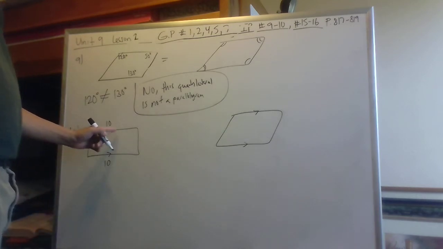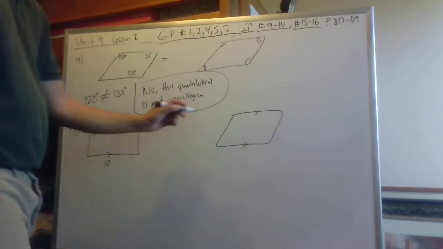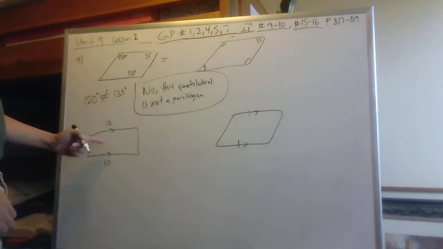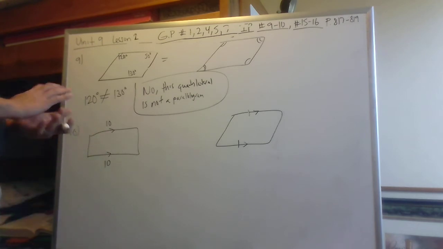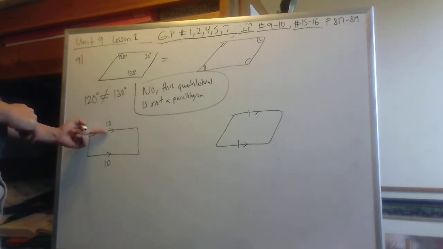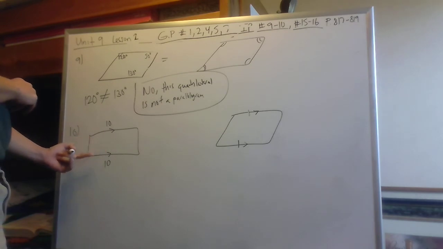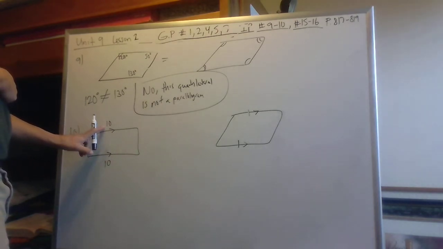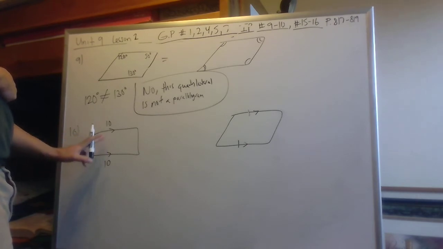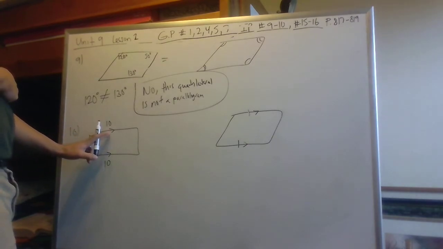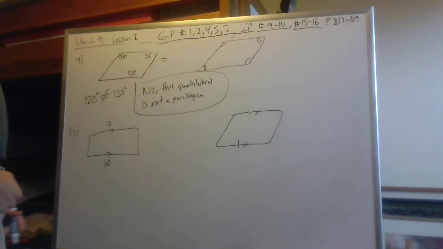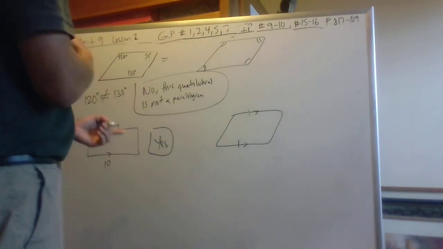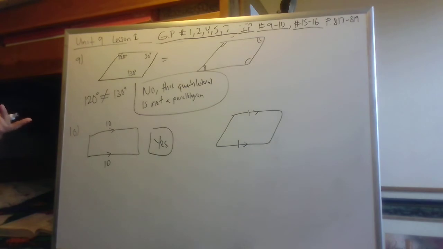So since you have these congruent sides, because they both equal 10, and this arrow, remember, shows that these two sides of this quadrilateral are parallel. Because they're congruent in length, they're both 10, and they have parallel symbols, this is a parallelogram. So yes, this quadrilateral is a parallelogram.